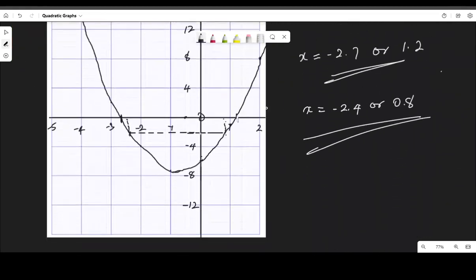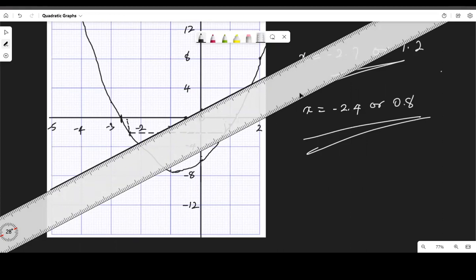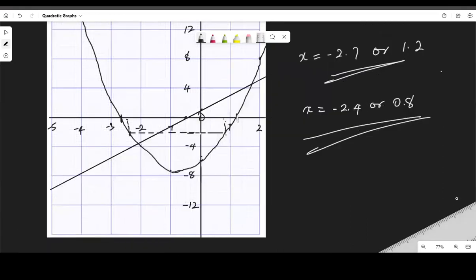Let's assume it's somewhere here. So with these 2 points, you can draw the line. Okay, so that is the line.